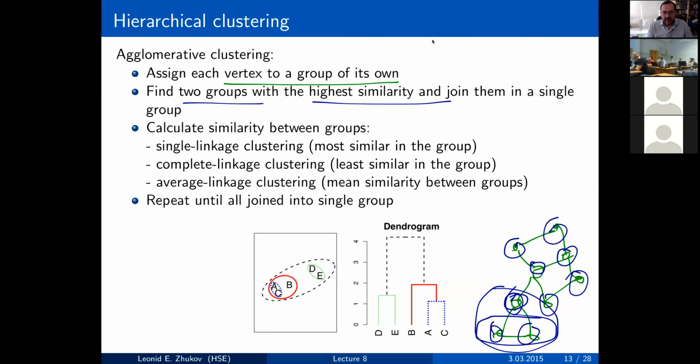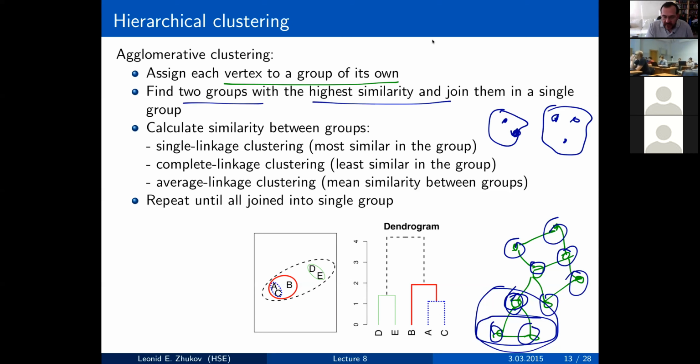And the way we calculate similarity between groups, there are three different ways to do it. One is what's called single linkage clustering. Say we have two nodes in one group and three nodes in the other group, and we're thinking about merging those groups. To merge them, we need to calculate similarity between groups.